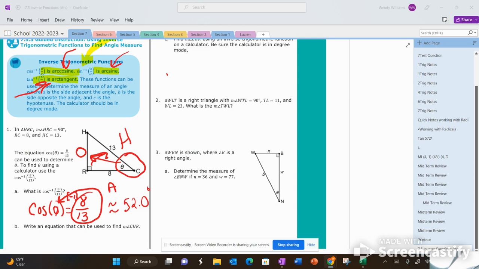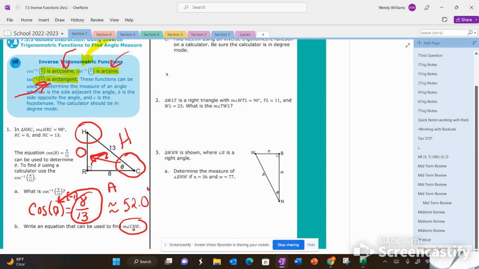Now it says, what equation can be used to find the measure of angle CHR? And CHR is angle H. H is the vertex. It'll be in the middle.